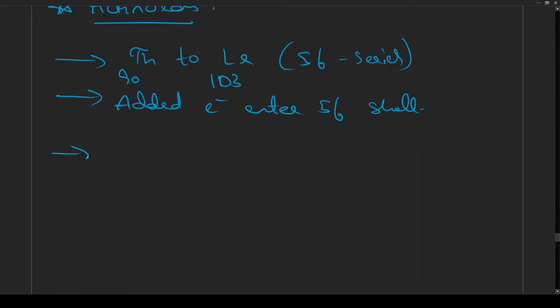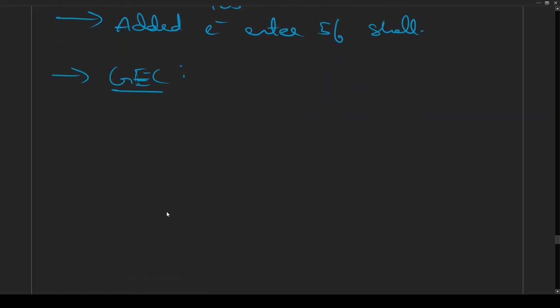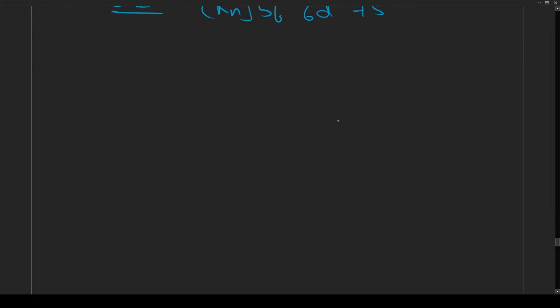General electronic configuration: radon 5f1 to 14, 6d0 to 1, 7s2. This is the general configuration of actinoids.